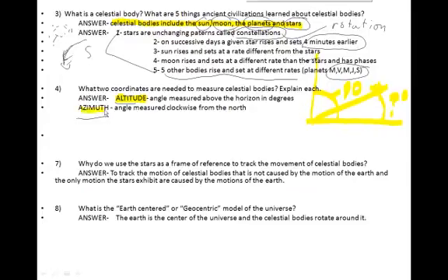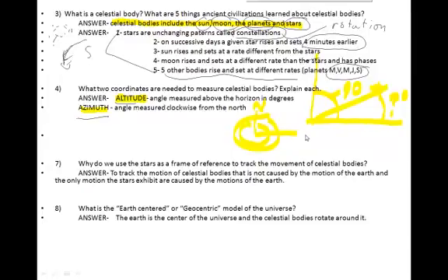And then the azimuth is looking down on the Earth. So here's our flat plane. Looking down, we start at north and we rotate clockwise around this way up to 360.